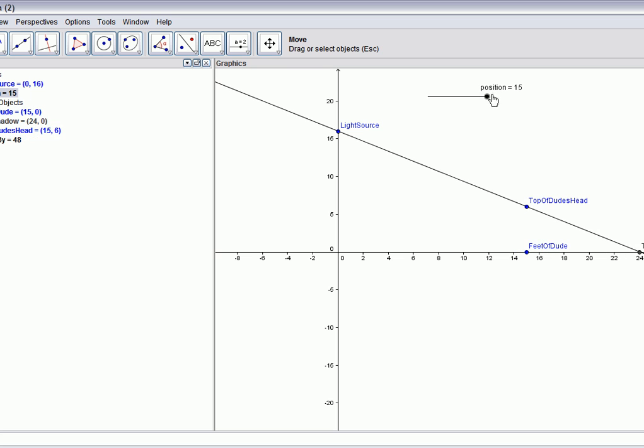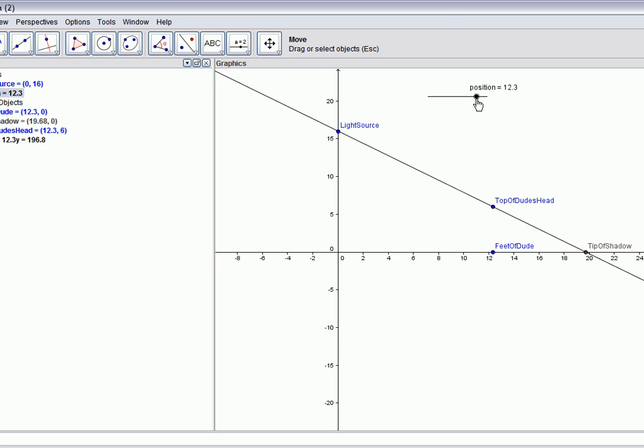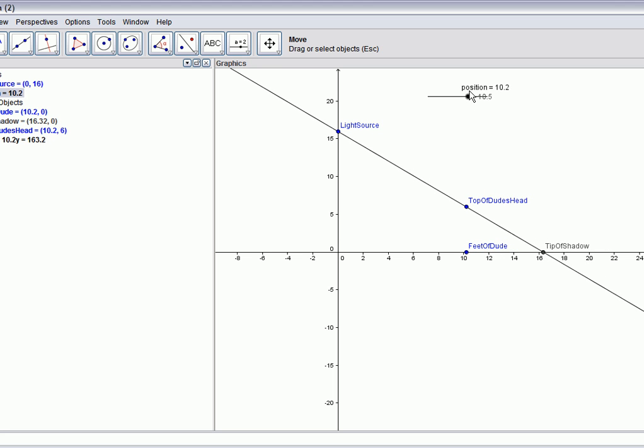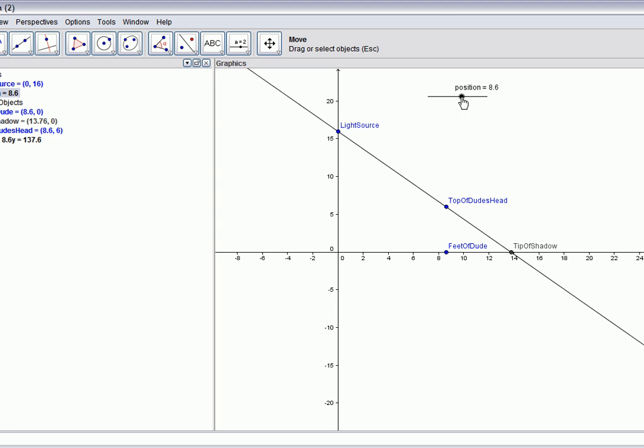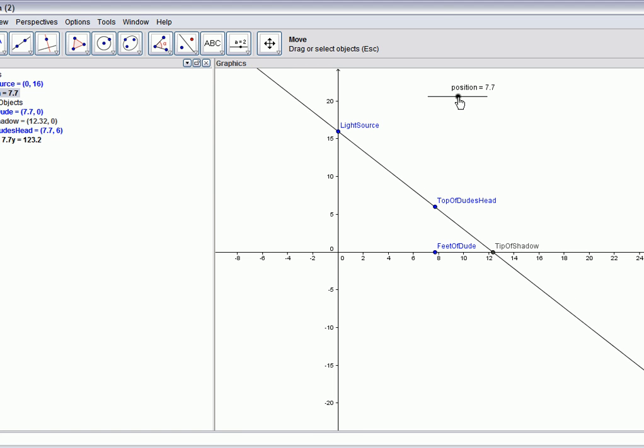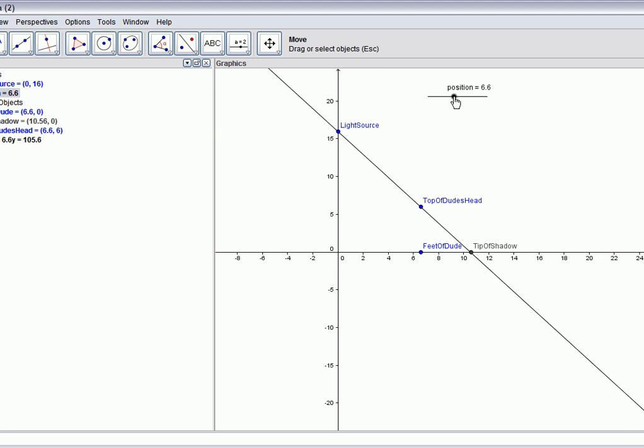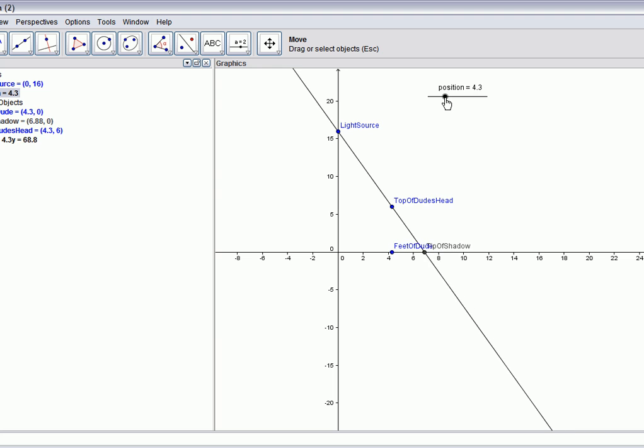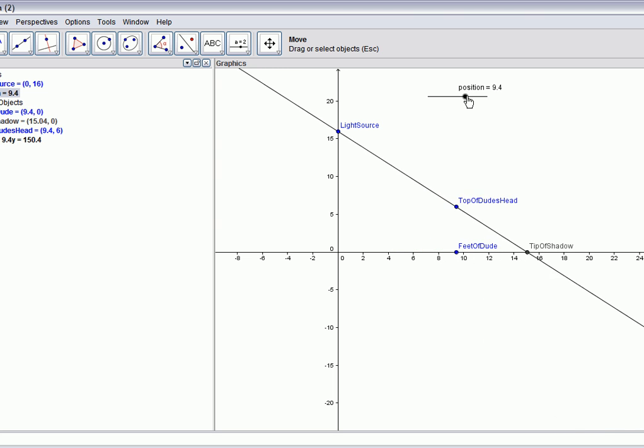I made this variable b, 4.86, the distance between his feet and the tip of his shadow. b is the length of his shadow.